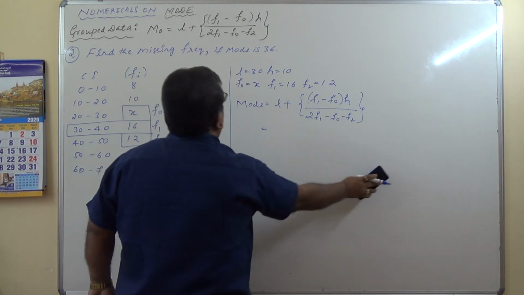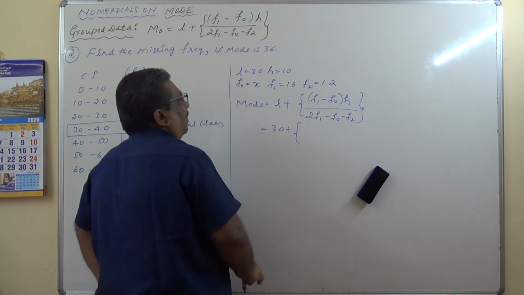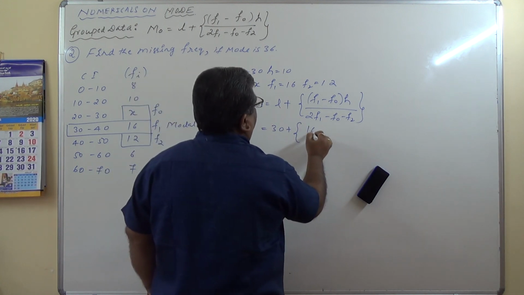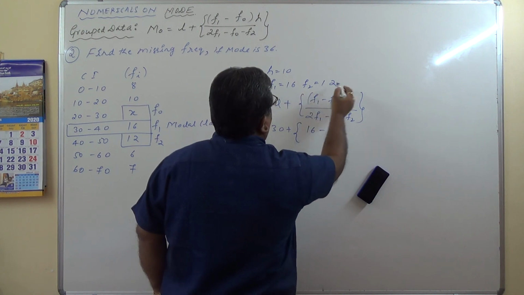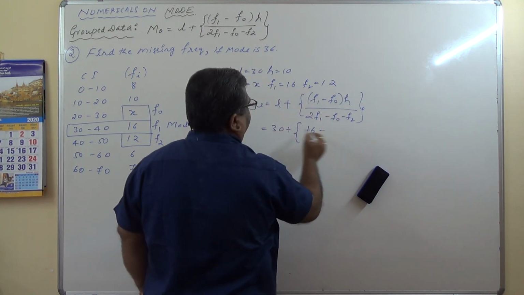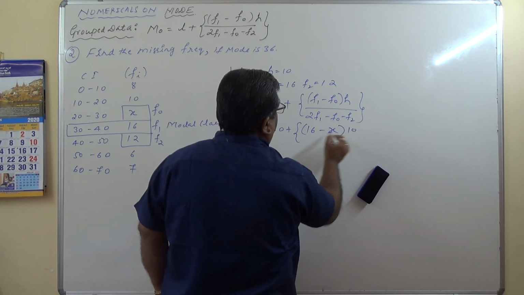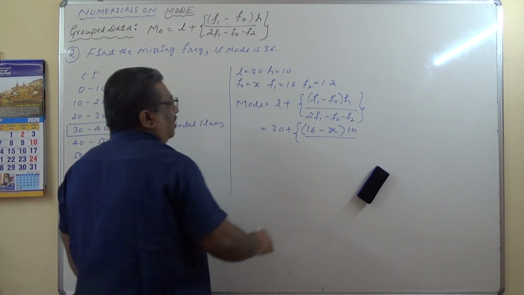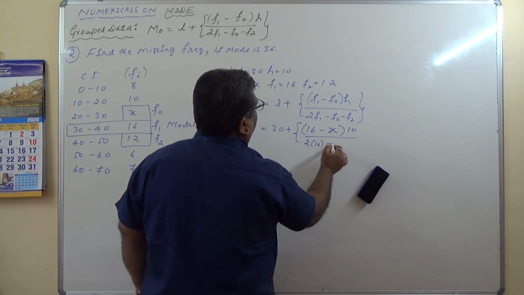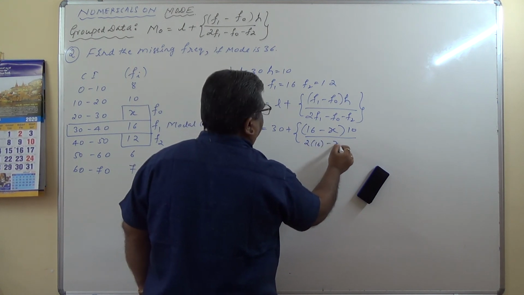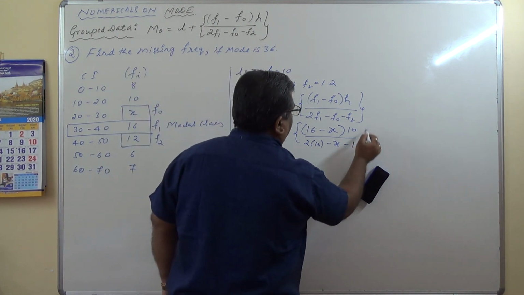This is equal to L, which is 30, plus (f1, 16, minus f0, x) into h, which is 10, the whole divided by 2 times 16 minus f0, x, minus f2, 12.